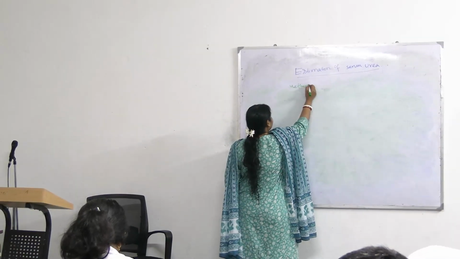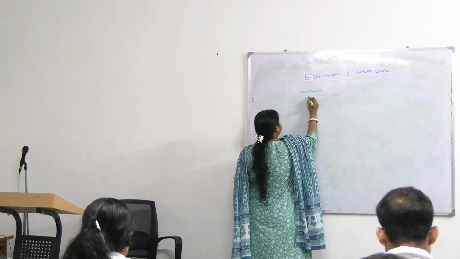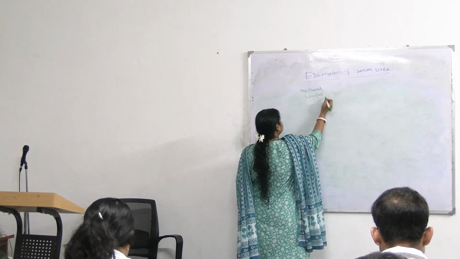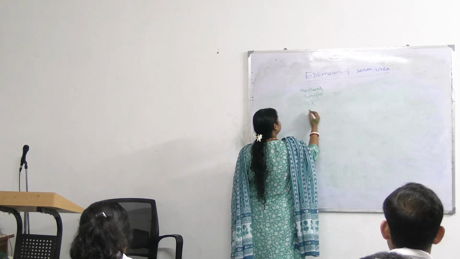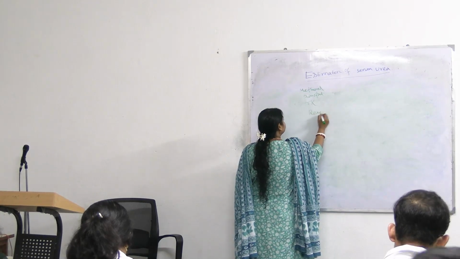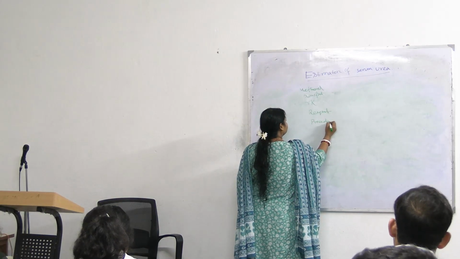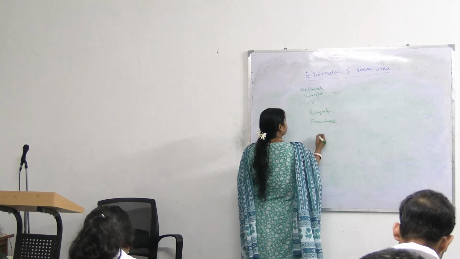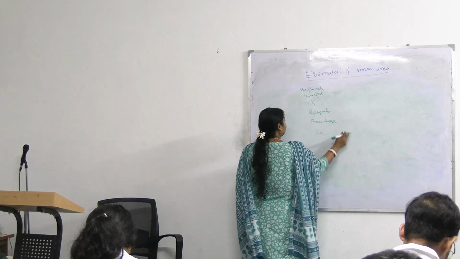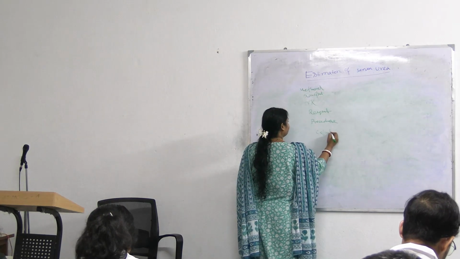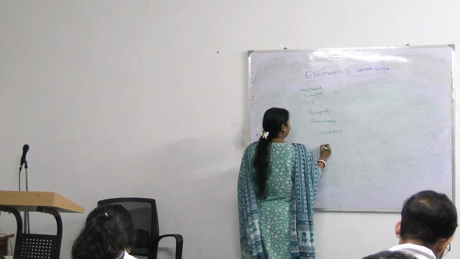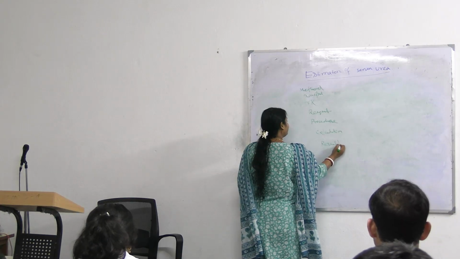In the exam, first you will write the method, then principle, then reaction, reagent, and procedure, with all the steps and calculation also. Then you will get the result. You have to write the result in the exam.